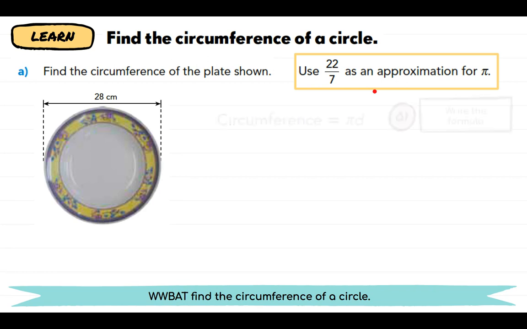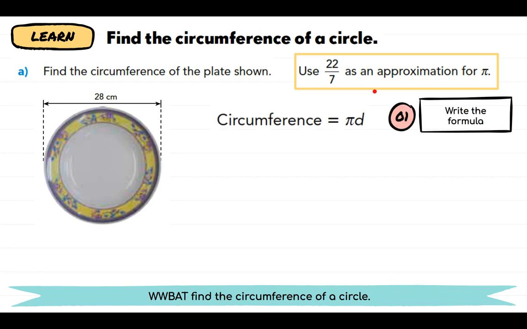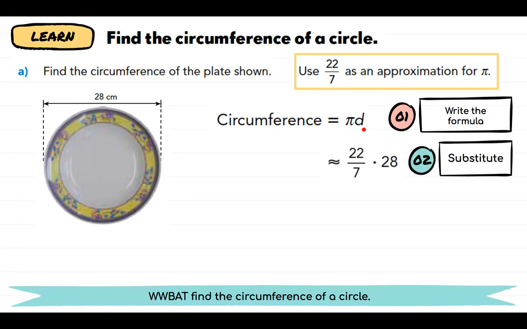My first step is to write the formula, because they gave us the diameter. So I'm going to use the formula that says circumference equals pi times diameter. Then I'm going to substitute the numbers, because in this question they want me to use 22/7 as pi.